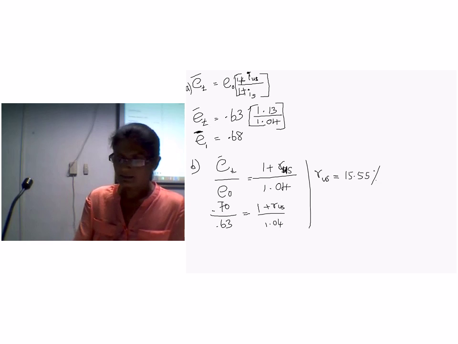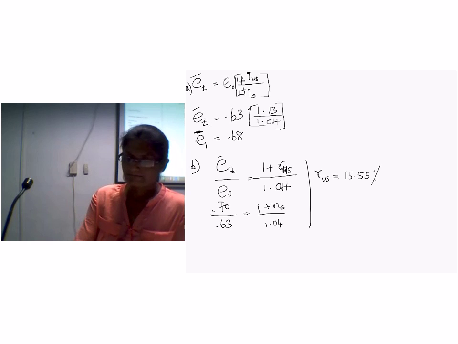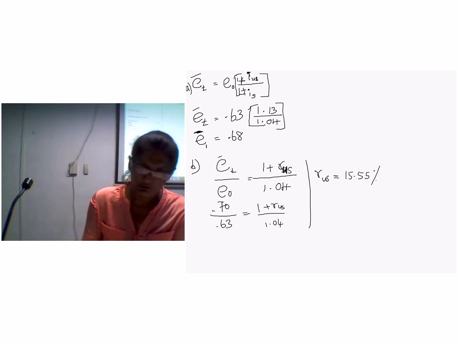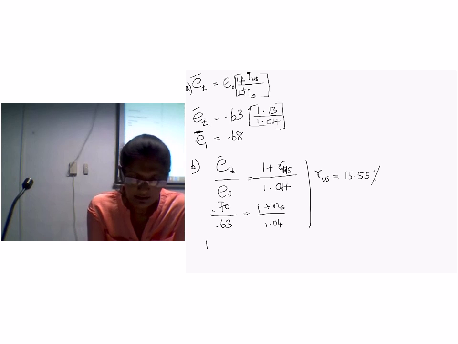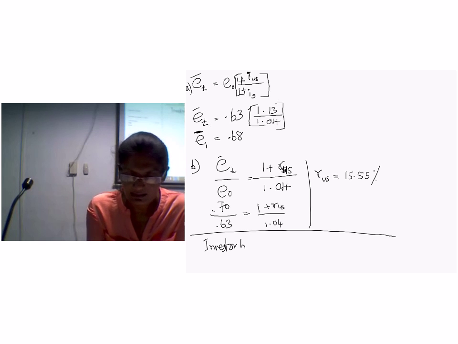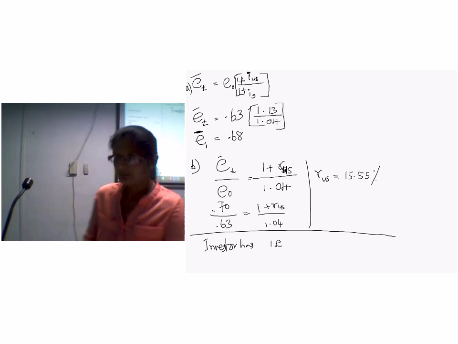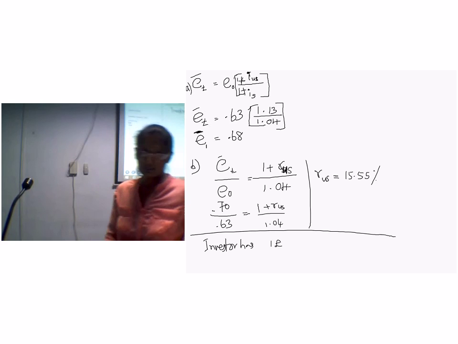Let's say he has 1 unit of pound in his hand, right? The investor has 1 pound in his pocket, and he wants to invest this.